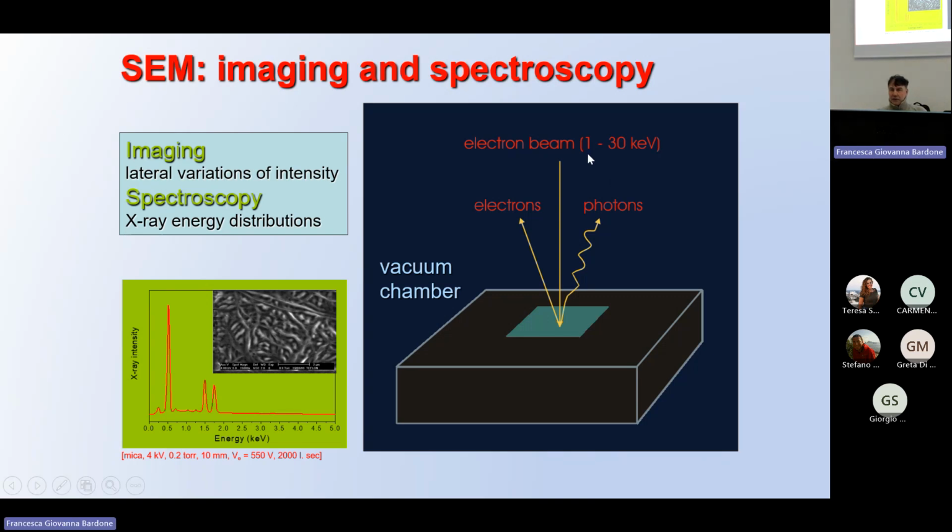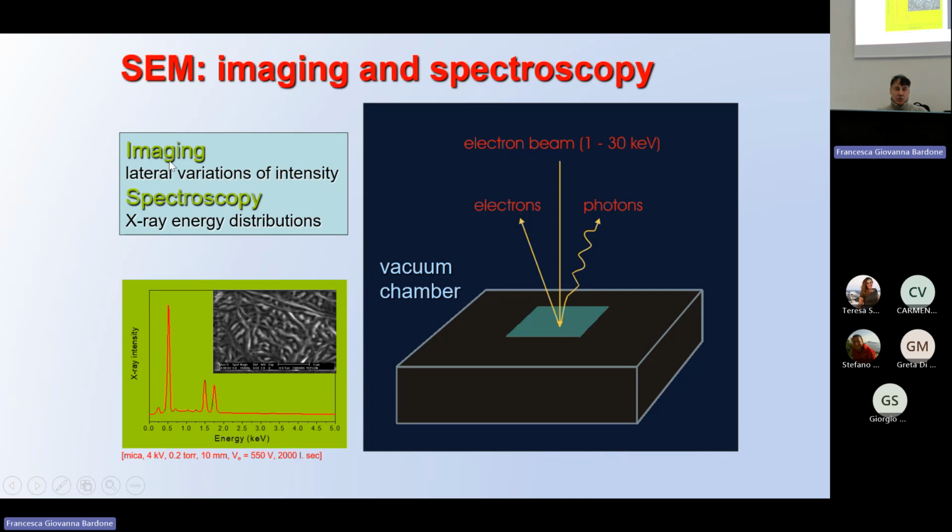So what happens? As I said before, the source produces electrons. The electrons are focused on the surface. It's the yellow arrow here. And where the electron hits the surface, other electrons are produced or photons are produced.